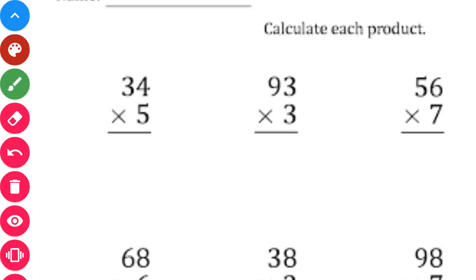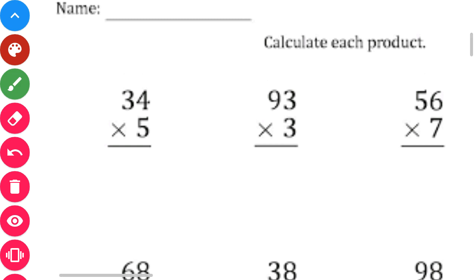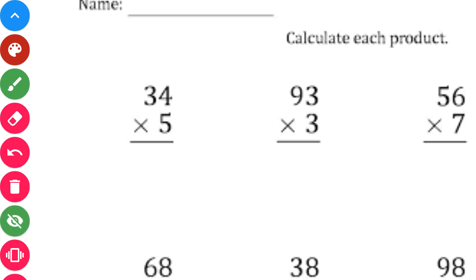Now the first question we are having is 34 multiply by 5. So we will start with ones place. At ones place we are having 4 into 5. So 4 5s are, count the table of 4 five times.